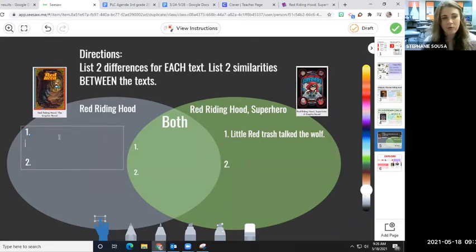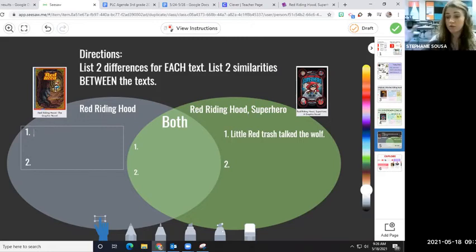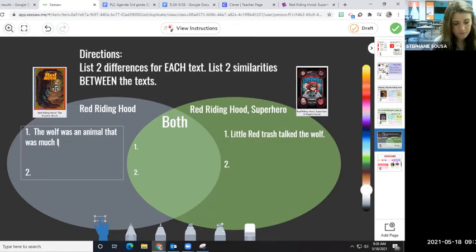All right, now what about the original? The original is that the big wolf was taller than normal. Okay, yeah. So in this version, the wolf was very large, looked dramatically huge, okay? So in this version, the wolf was an animal that was much larger than red.